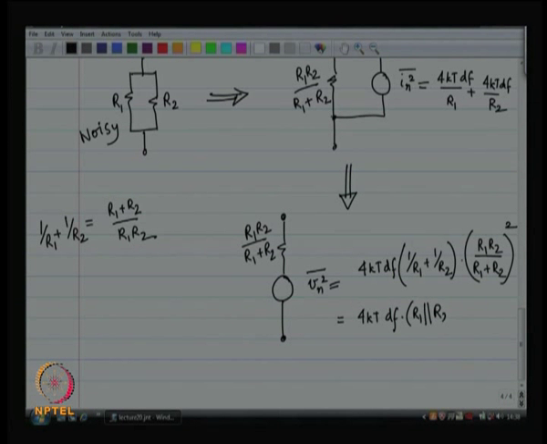So, if you put two resistors in parallel, then in terms of resistance value, you get R1 parallel R2. In terms of noise, you get the noise contribution of R1 parallel R2. You do not have to work with R1 and R2 individually. So, this is nice.